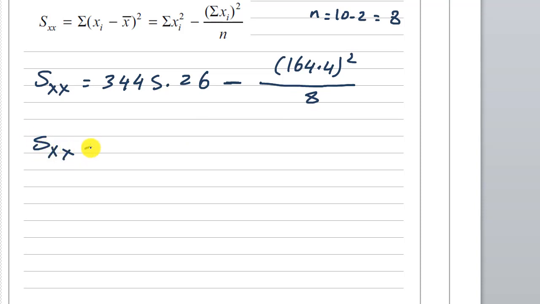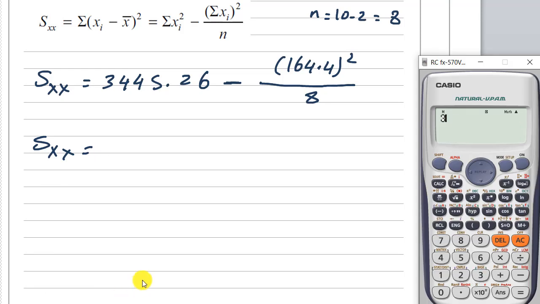So SXX is equal to 3445.26 minus 164.4 squared divided by 8. So it's equal to 66.84.